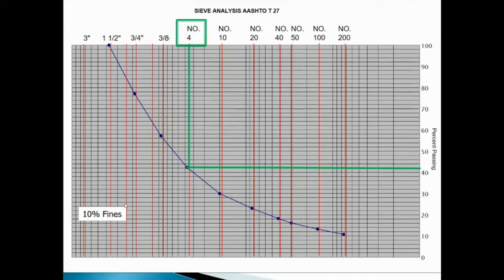In this case, we have 42% passing the number 4 sieve. So that tells us we have 58% retained on the number 4 sieve, or 58% gravel in the soil sample. And then to get the sand fraction, 58 plus 10 is 68. So we take 100 minus that, and we end up with 32% sand in this sample. You will have to do this procedure on your exam.